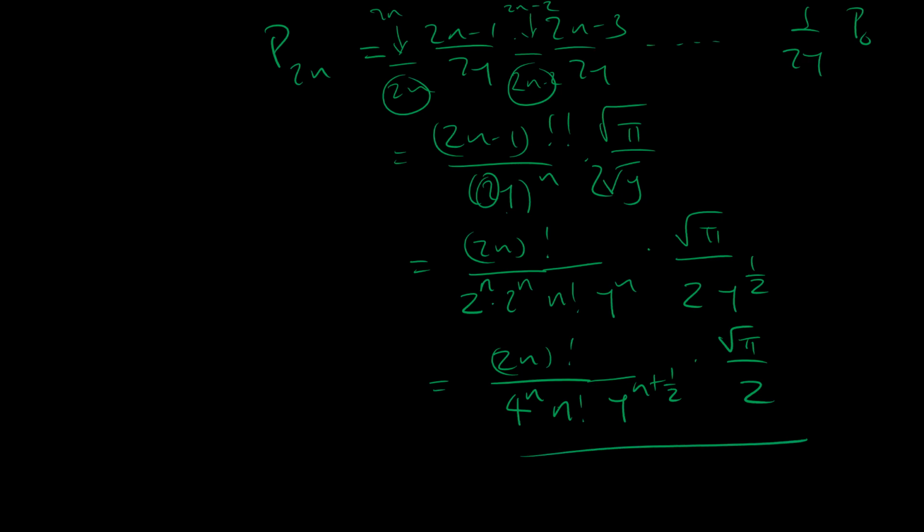So I think this is a good point to now say, okay, we have that part figured out, but we could also put another 2 here so that this becomes 4, and so we've now derived this to be the P of 2n to be 2 times the square root of pi times 2n factorial over 4 to the power n plus 1 times n factorial y to the power n plus a half.